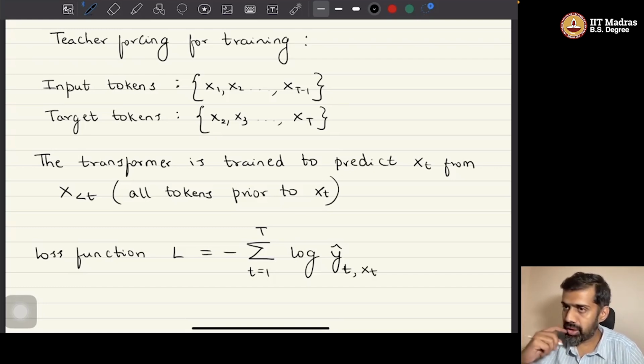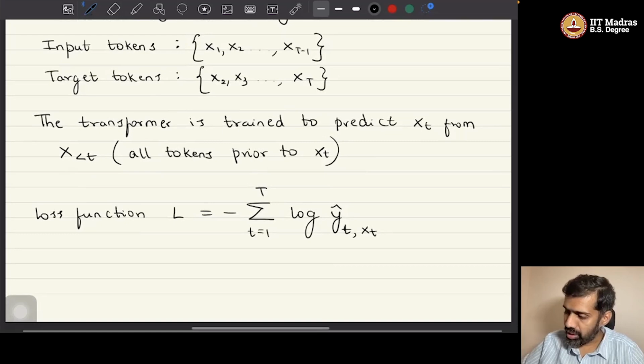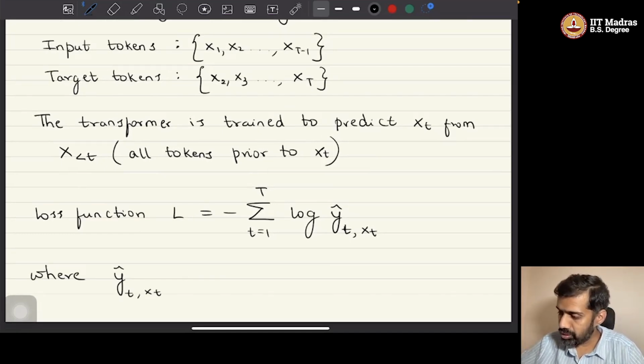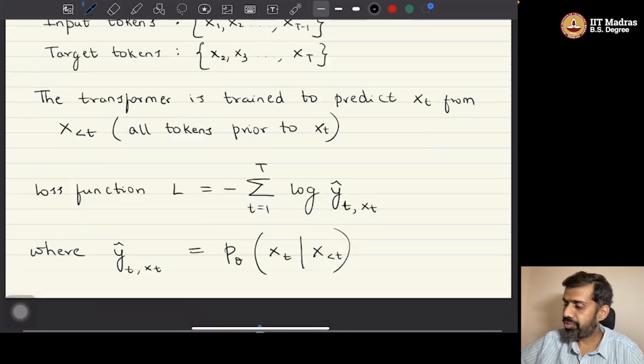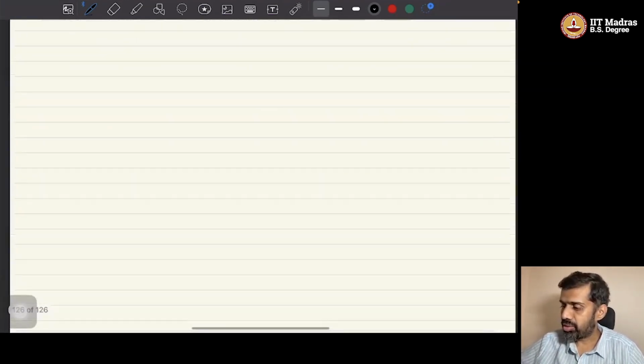Just to explain what this expression is, where y hat t comma xt is the probability that we have computed for xt given x less than t. So what does this mean?